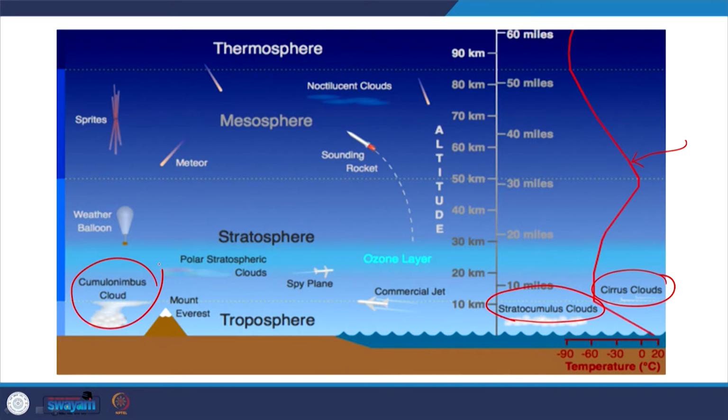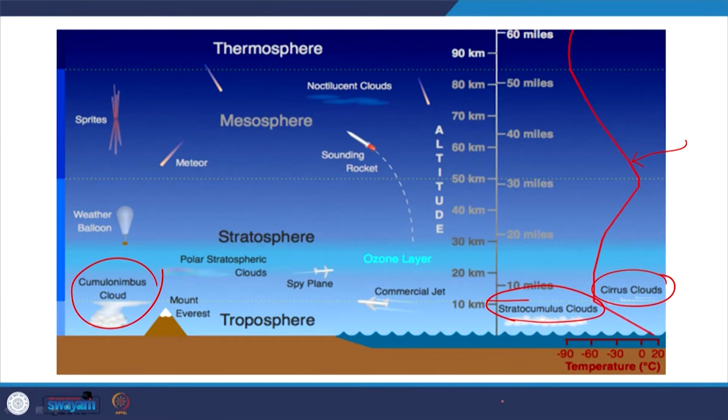Different sets of physical processes are responsible for their formation, and each of these clouds is different in terms of the amount of moisture it contains or the amount of precipitation it can bring in. Because we will discuss several important aspects of the Earth's atmosphere in the entire course, it is important to know where these different aspects are found in this big picture.